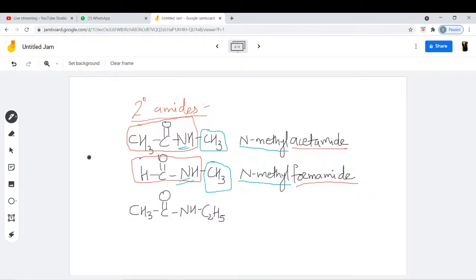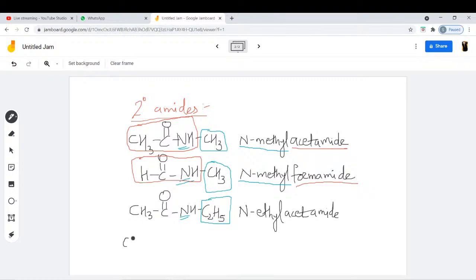Okay, it is an ethyl group attached to this nitrogen, so its name is N-ethyl, and then it's an acetamide: N-ethyl acetamide.